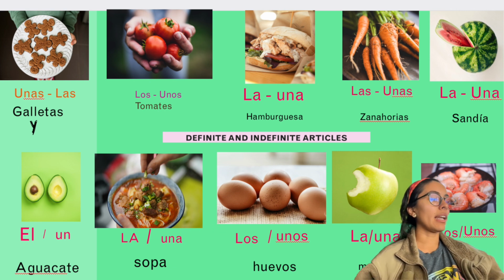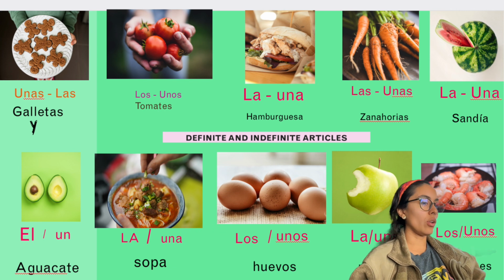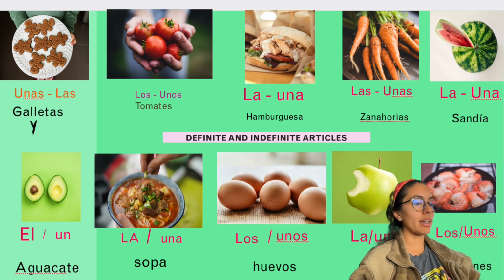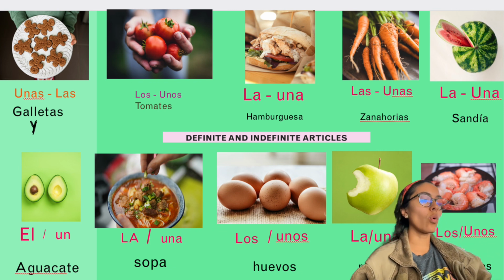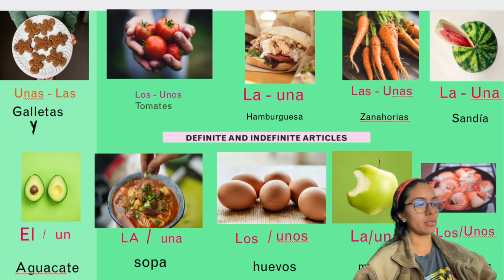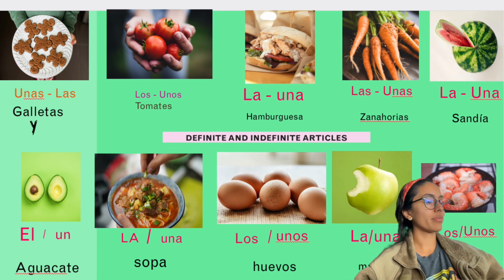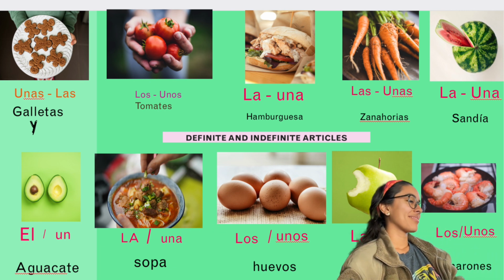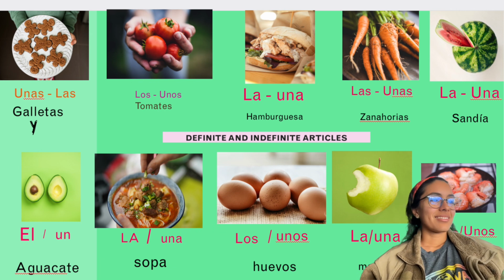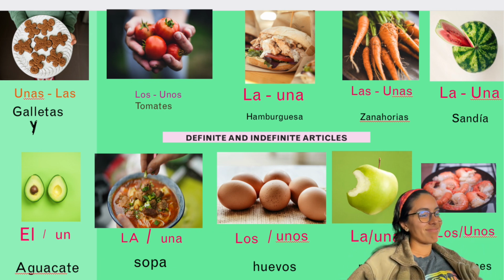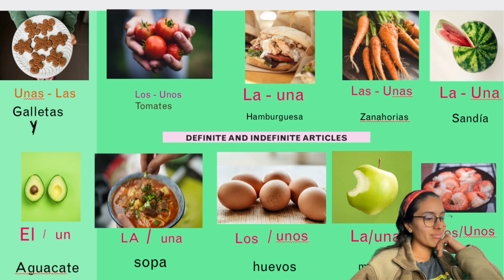So el aguacate, un aguacate. La sopa, una sopa. Los huevos, unos huevos. La manzana, una manzana. Los camarones, unos camarones. And we start with the first speakers. Okay, Mac and Krista. El aguacate, un aguacate. La sopa, una sopa.